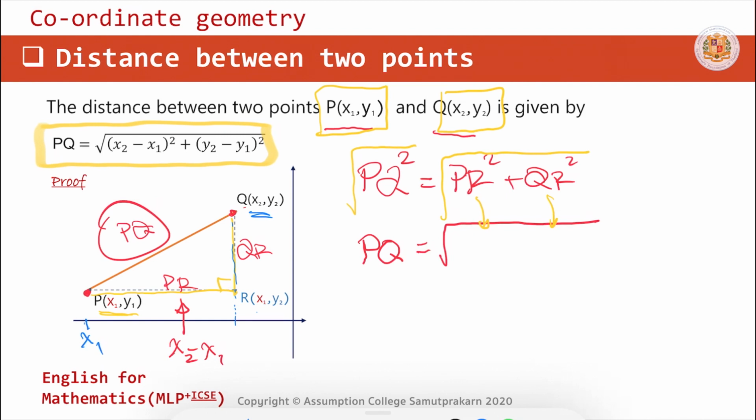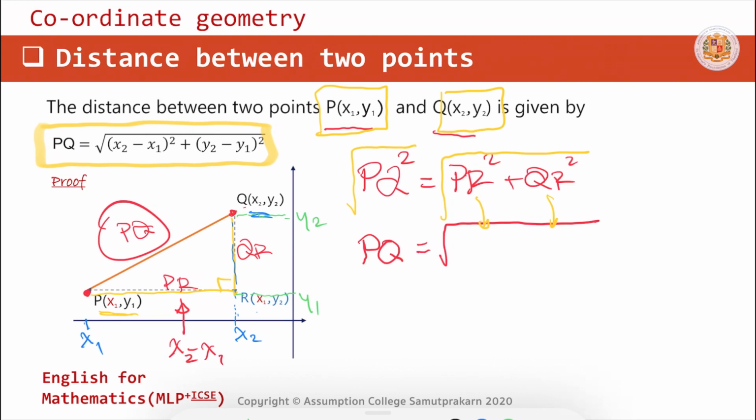If you drag this line to the x-axis, that will be x2, and that will be y1 here, and y2 is supposed to be here.